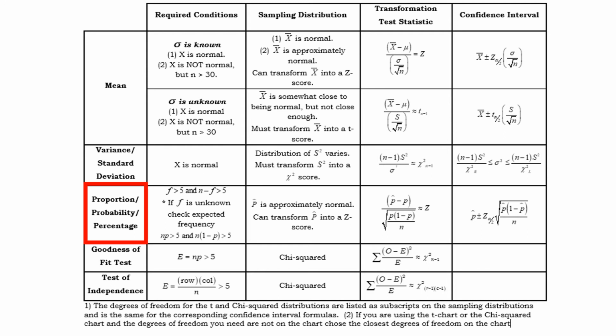We're after probability or proportion, so we have to check: do we have at least 5 sample values that are in our category? So in our sample of 100, did we have at least 5 times where Sheldon chose Spock and 5 where he did not? Yes, we cleared those easily. All right, so p hat is approximately normal, and we can standardize p hat to a z-score, which is what we're going to do. So we're going to do a z-test.